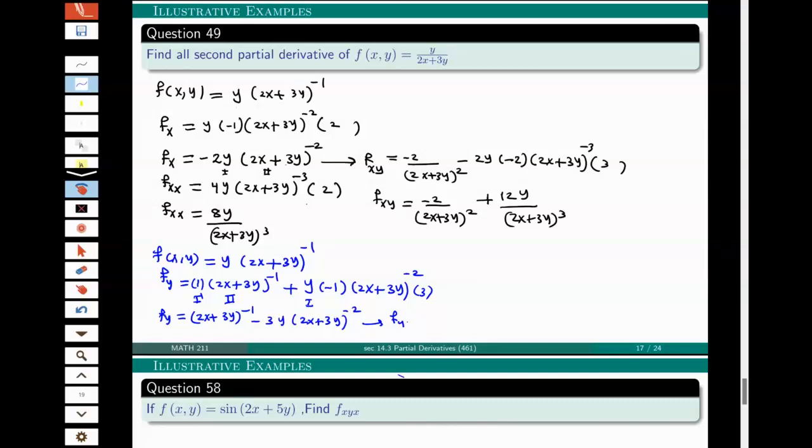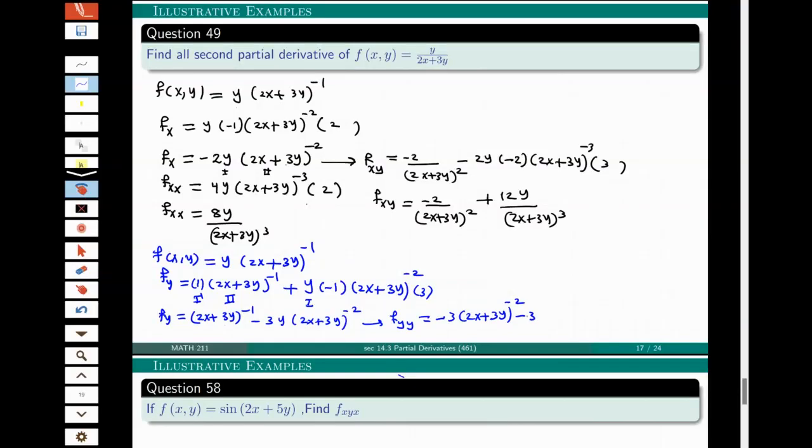Now, what is f sub yy? Differentiating with respect to y again, here I will have minus, it's the chain rule. The derivative of the inside is 3, 2x plus 3y raised to the power minus 2. So it's the derivative of the outside, which will be minus, raised to the power minus 2. The derivative of the inside is 3. Here I have the product rule.